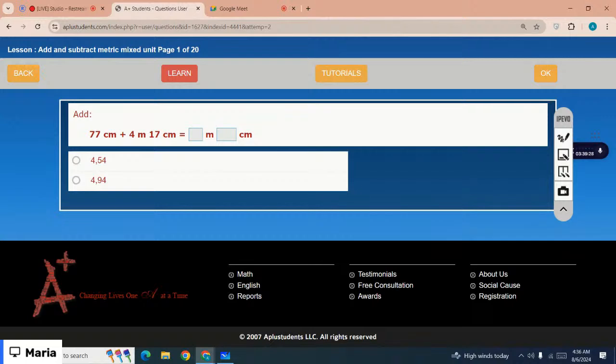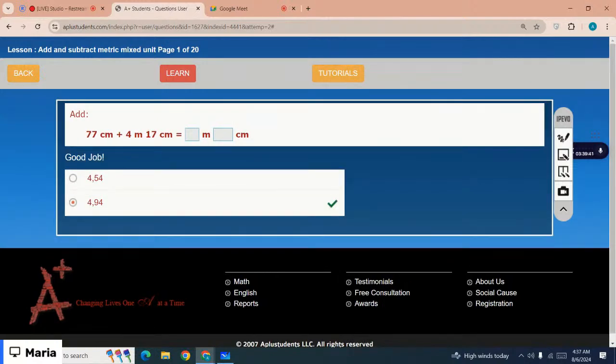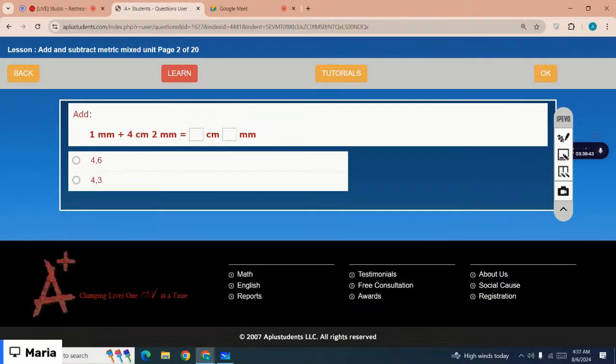That is 4 meters and 94 centimeters. Option number 2 is the correct option. 1 meter plus 4 centimeters 2 millimeters, which is the correct option?